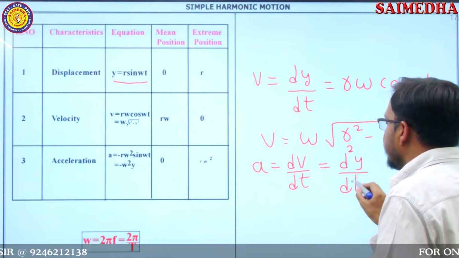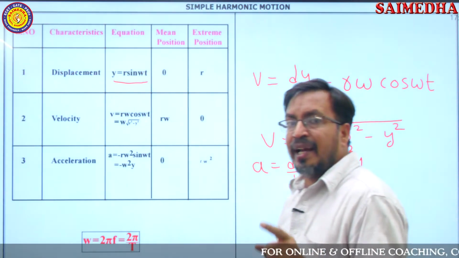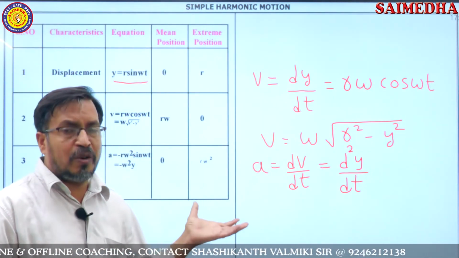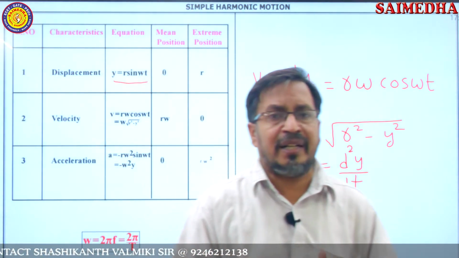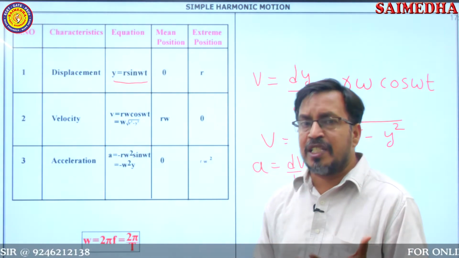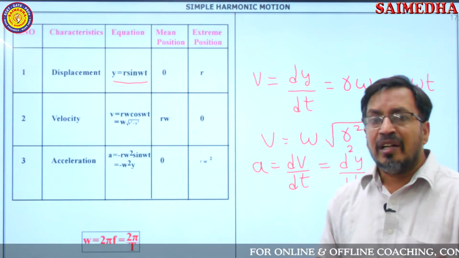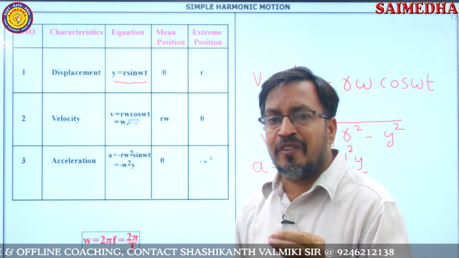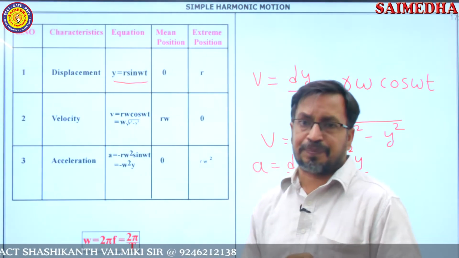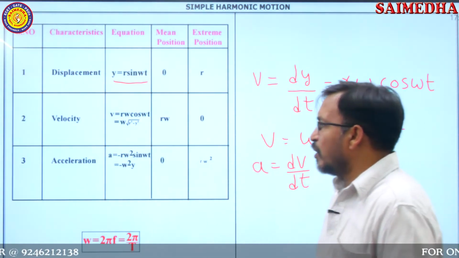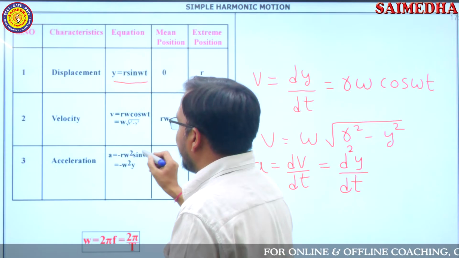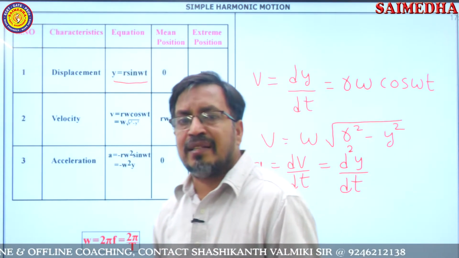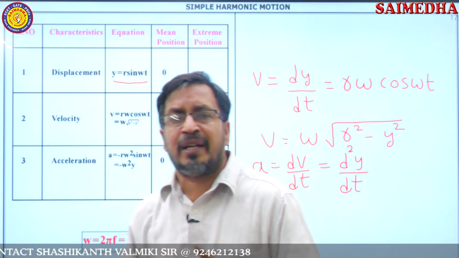So remember, simple harmonic motion is a second order differential equation, because here acceleration equals d square y by dt square. If you differentiate displacement 2 times, or velocity 1 time, what equation will we obtain? That is acceleration. Here acceleration equals minus r omega square sin omega t, and in terms of displacement, acceleration equals minus omega square y.